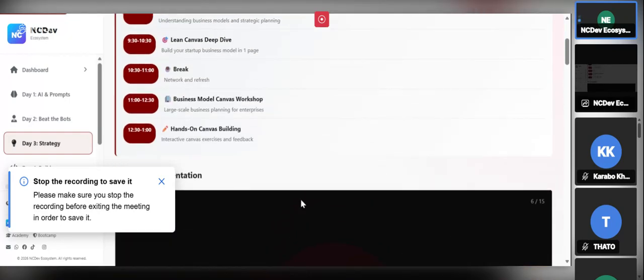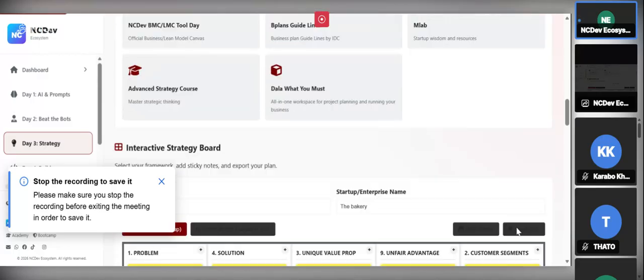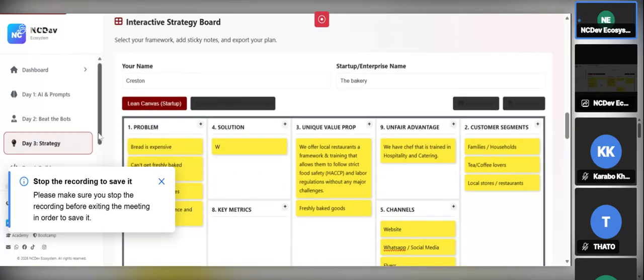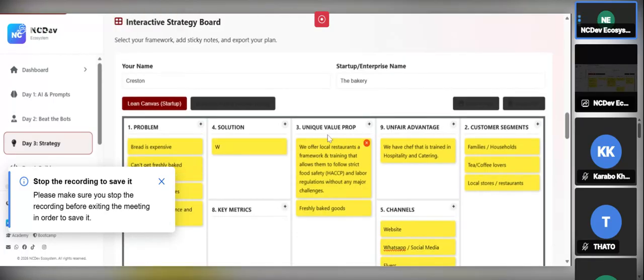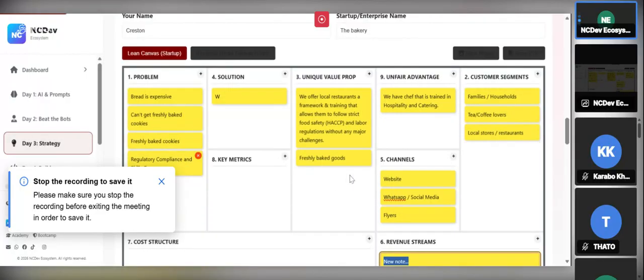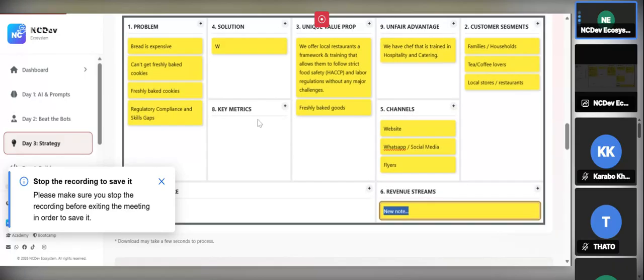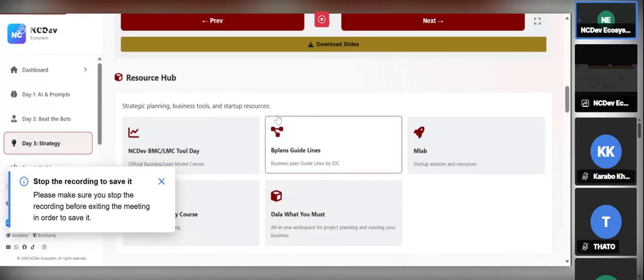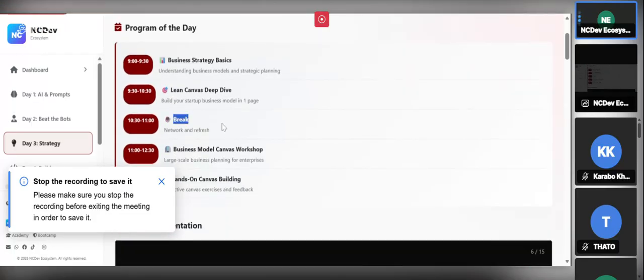And then just watch a video on the business model canvas after we're done with the lean canvas model, and then we'll dive into actually building this lean canvas model, and then downloading them, and then also submitting them. So for now we'll go on a break until 11.